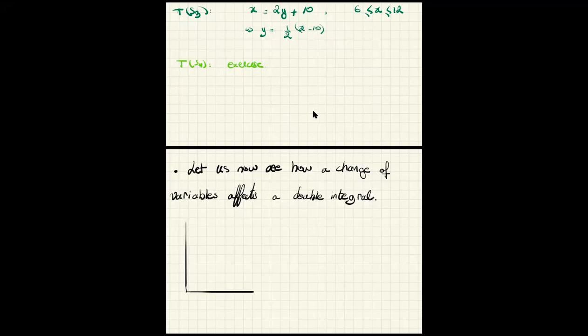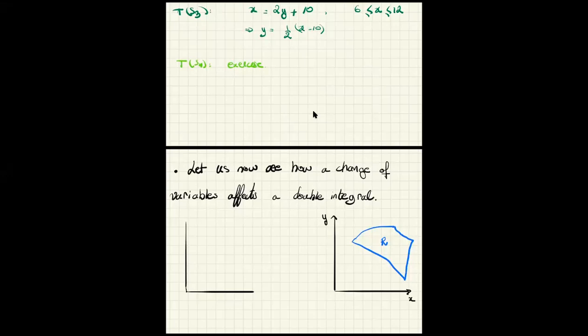Now let's take a rectangle on the UV plane. Suppose I have a region R here. Okay, that's a normal region in the XY plane.